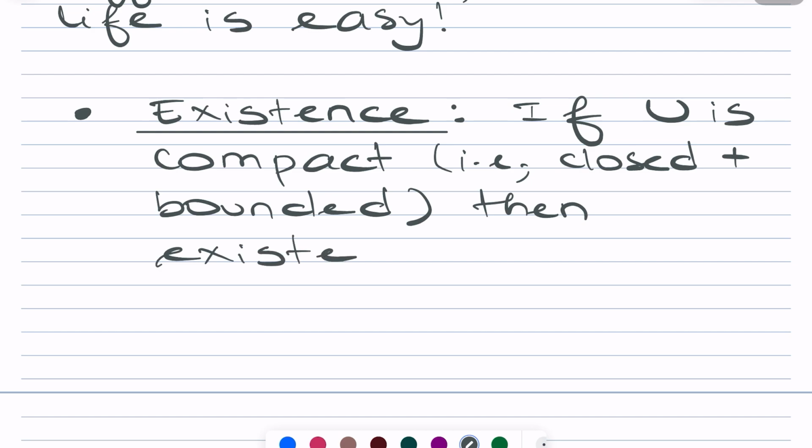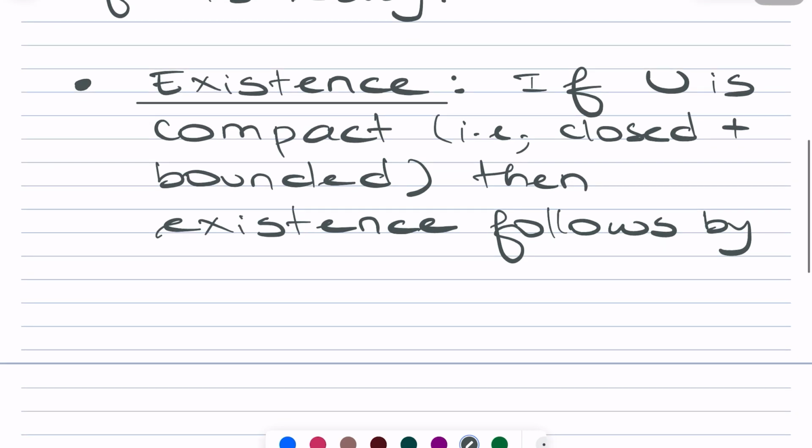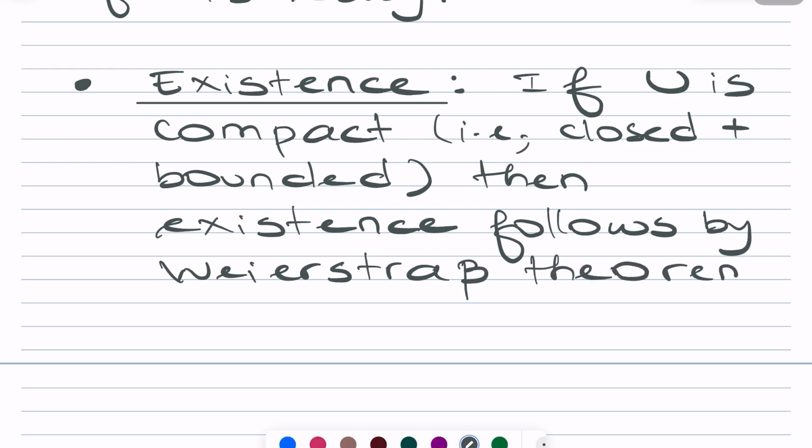That's how the Germans would say it. Because this is what you know already.